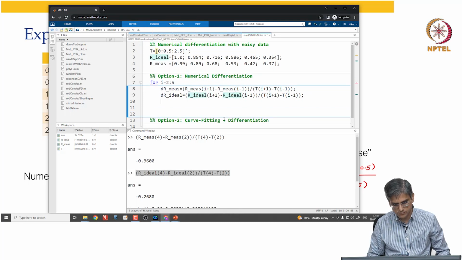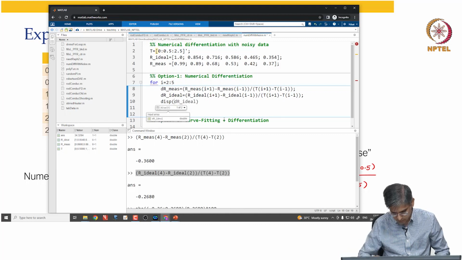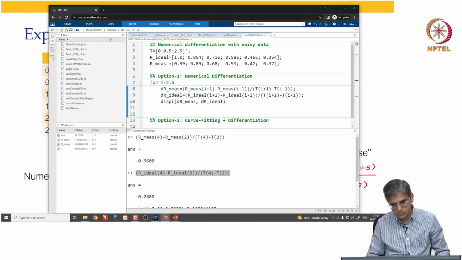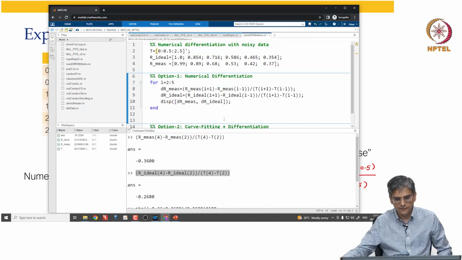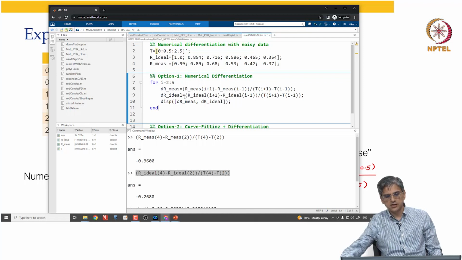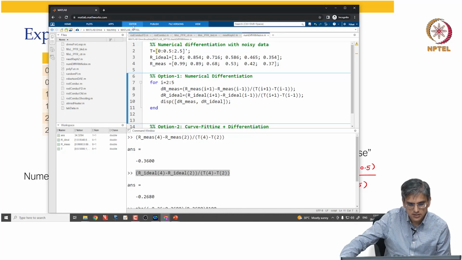And let us display at those various points the two derivatives. Let us run this.